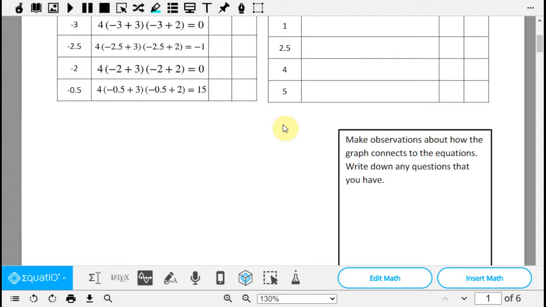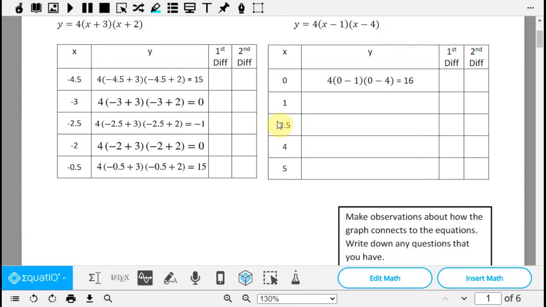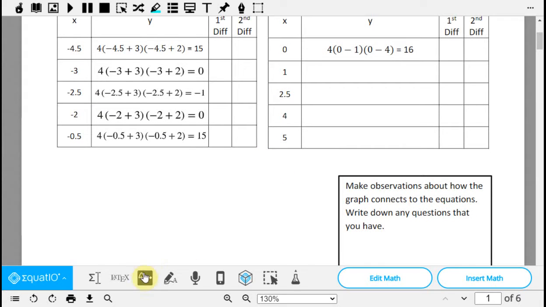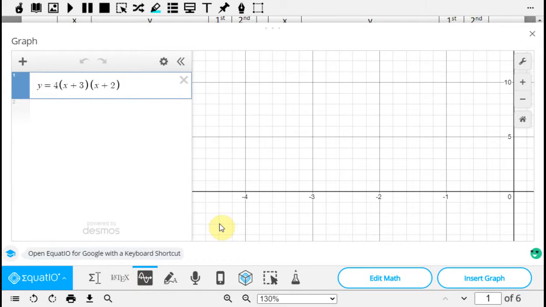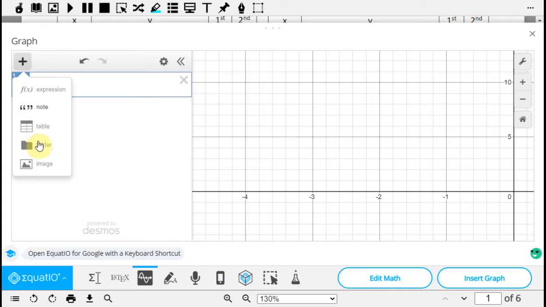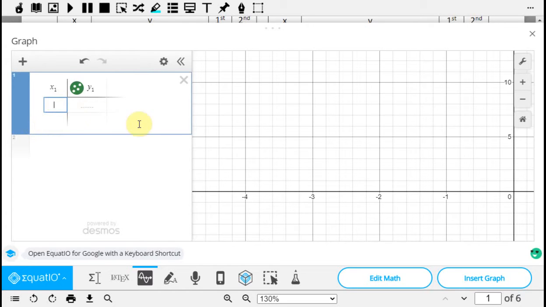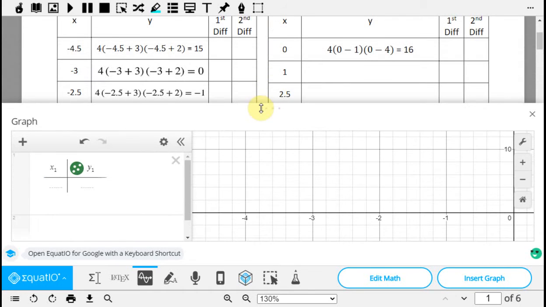Now I'm going to make that graph using Desmos. What we will need is these values here. We're going to click into the graph editor, and we're going to add a table. So you click table, and this allows you to put X and Y values in. So I will have to go back and forth a little bit. I'm going to scroll this down to help me, because then I can see these values here.